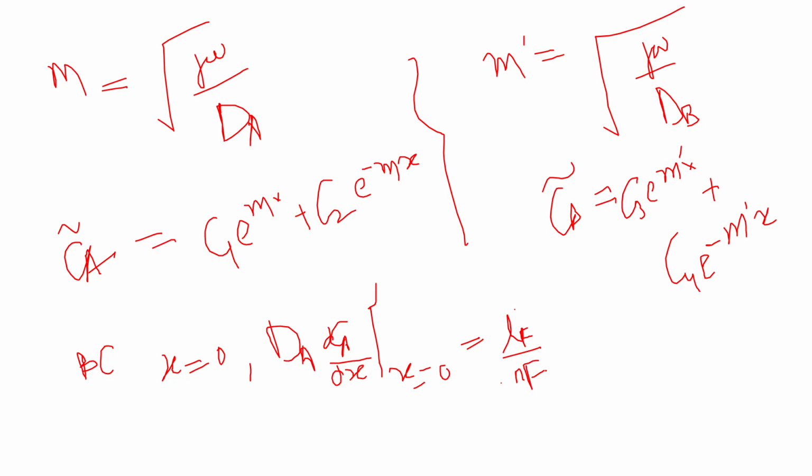Okay, so you know that CA equal to CA DC plus CA AC. CA AC is nothing but CA bar e raised to jωt.